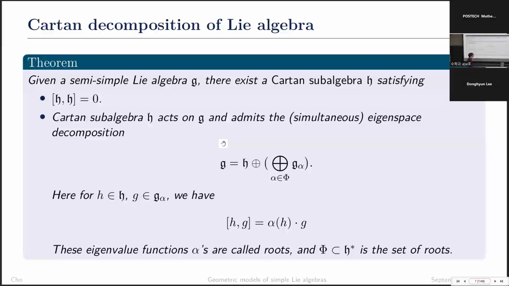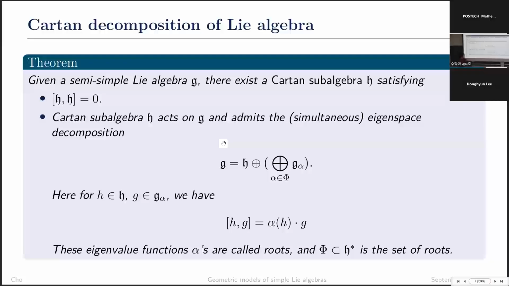So we learned in linear algebra that when operators commute, then we have a simultaneous eigenspace, right? Because this bracket within H is 0. So somehow taking the bracket in H decomposes this space into eigenspaces.